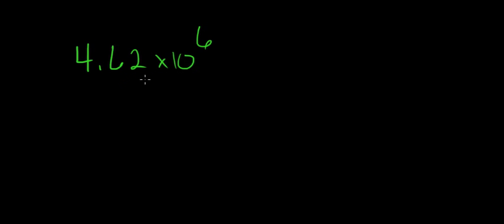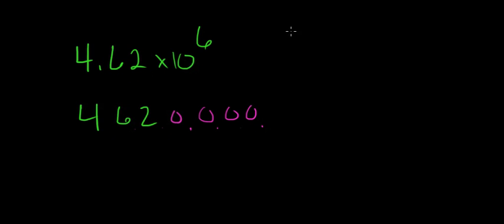When you do the math, you get 4, then our 6 and our 2 because they're already in the problem, and then we carry it over 6 places: 1, 2, 3, I need a 0, 4, need a 0, 5, need a 0, 6, need a 0. So if we were to multiply 4.62 times 10 to the 6th, that's what we would get.